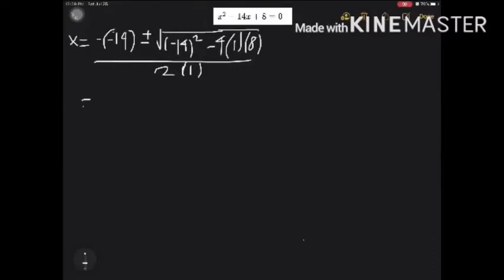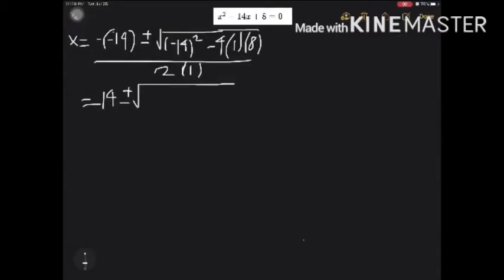So next we're going to simplify all of this. Negative times negative 14, since negative times negative equals positive, so 14, then plus or minus the square root of, so what is negative 14 squared?